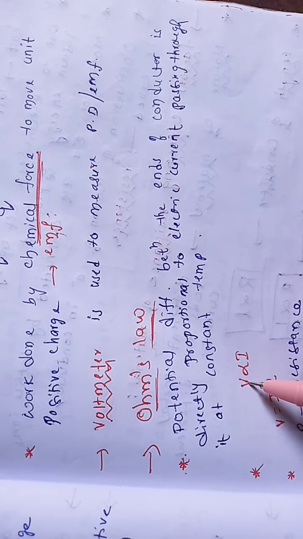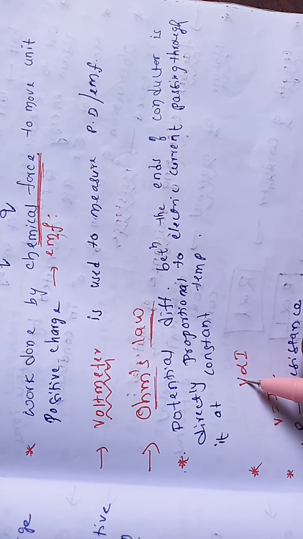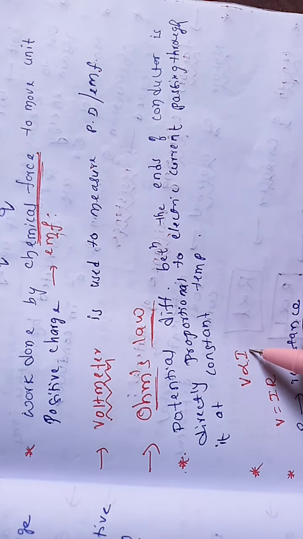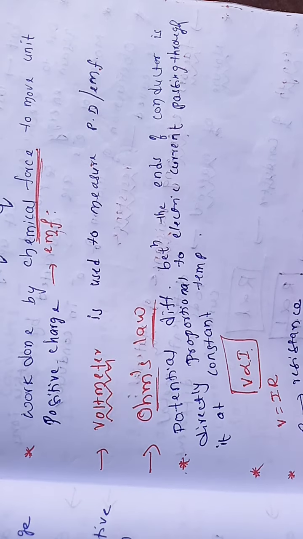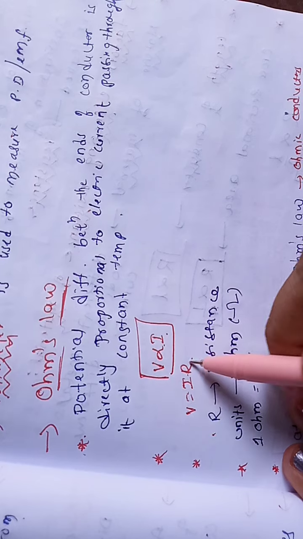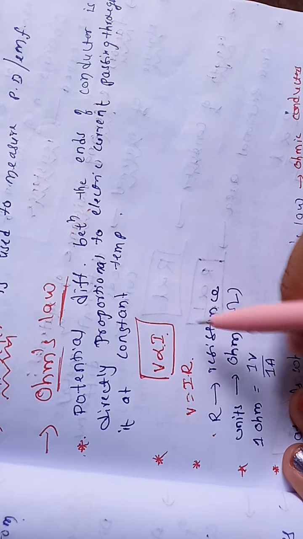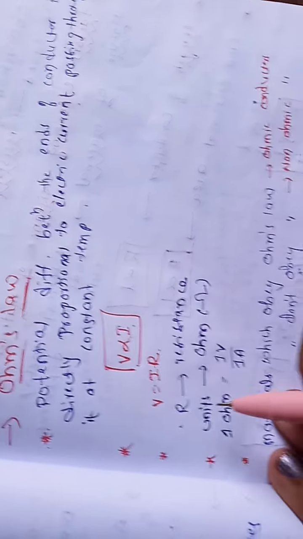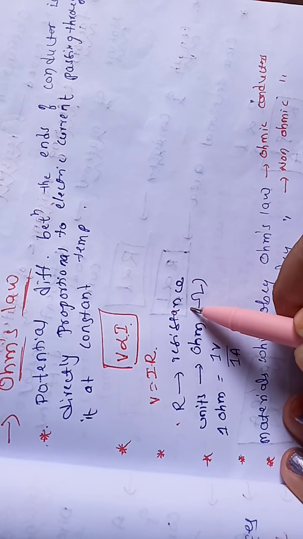Now next, let us move to Ohm's law. Ohm's law says that potential difference between the ends of a conductor is directly proportional to the current passing through it at constant temperature. V equal to IR, where R is the proportionality constant, we call it resistance. And the unit of resistance is ohm.